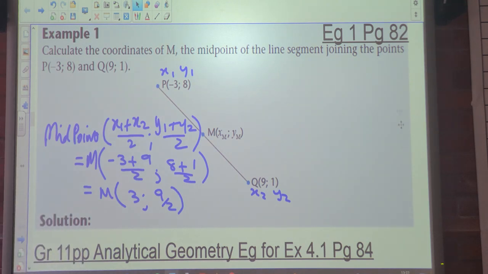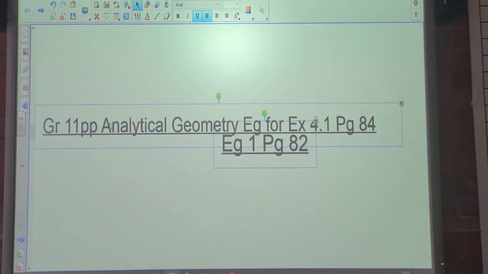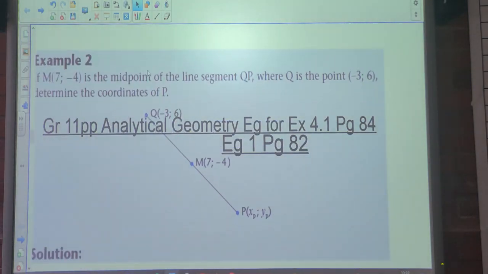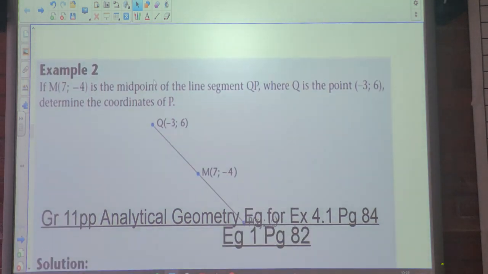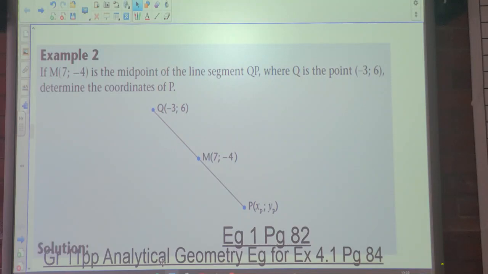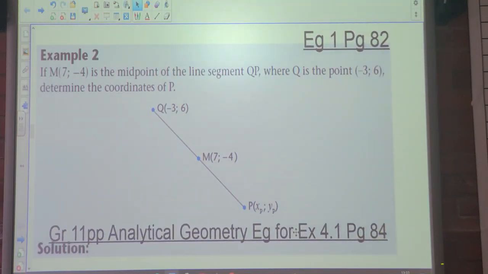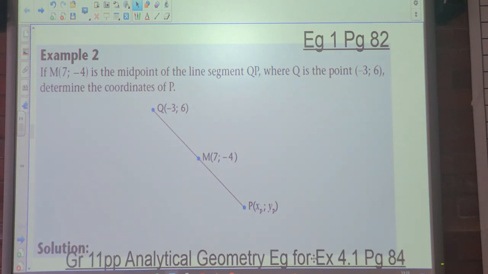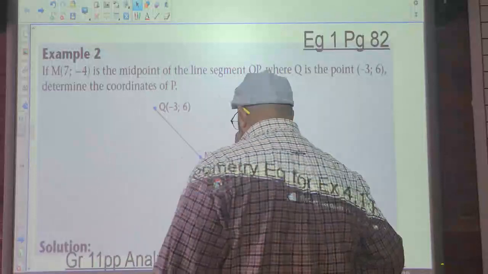Did you get example 2 on the midpoint? Right, so here we are told, now we are given the midpoint. Can you see that, people?